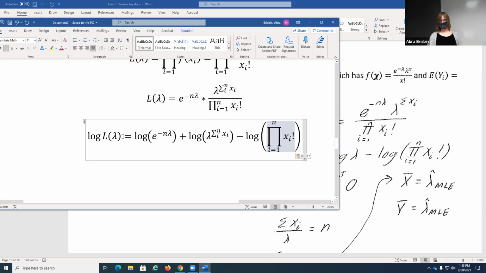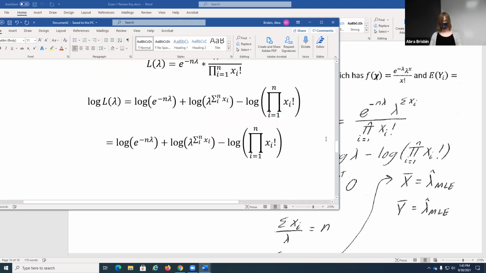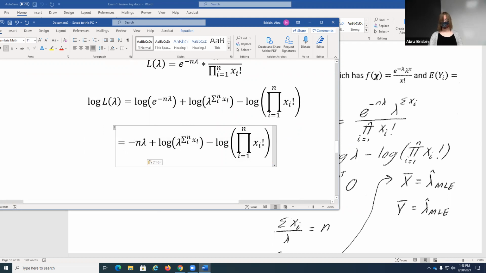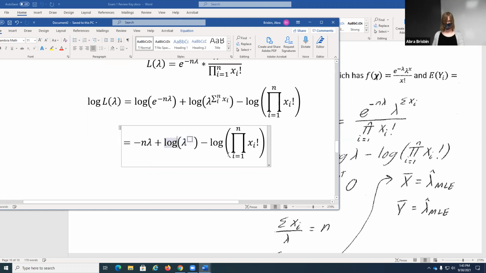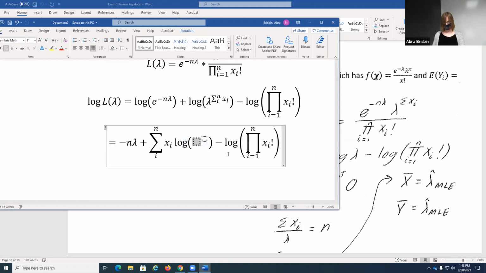And we can simplify this sum. So the log of e to the negative n times lambda is just going to be negative n times lambda. And the log of lambda to the sum of the x sub i's is going to become the sum of the x sub i's times the log of lambda.